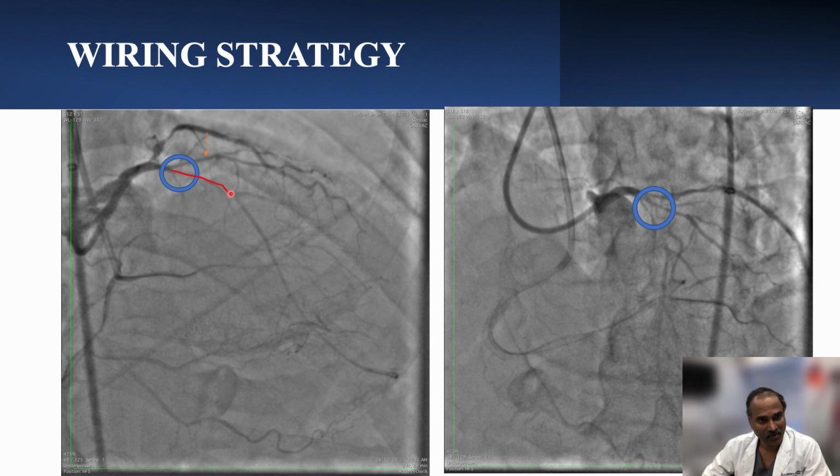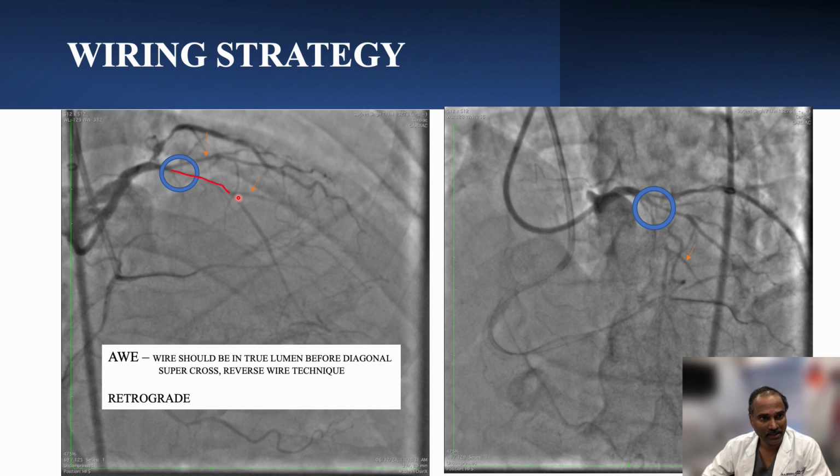But the wire should enter into the distal true lumen proximal to the D2. So you have a D2 just beyond the distal cap, and you have D1 at the proximal cap. Wiring should always take consideration of these two side branches at the proximal and distal cap.